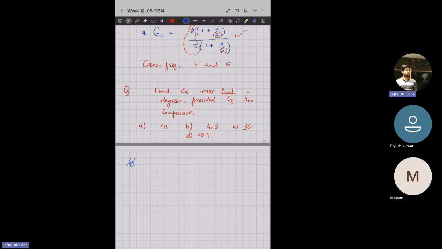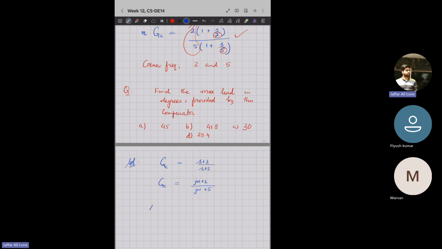First, if we write this transfer function, GC, we have 2 by 5, or directly, we'll write S plus 2 divided by S plus 5. So I will write the sinusoidal transfer function that will be j omega plus 2 divided by j omega plus 5.